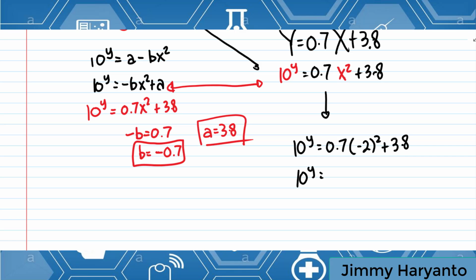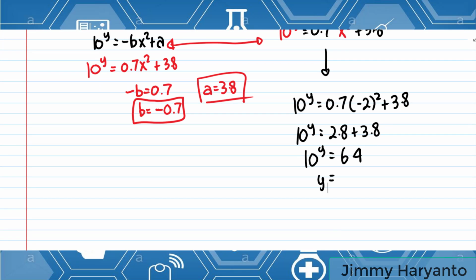Okay, 10 to the power of y equals to 4 times 0.7, 2.8 plus 3.8. 10 to the power of y equals to 6.4. So y will be, you have to move the 10. When you move it, it will become Lg 64. So y equals to 1.8. There you go, the y.